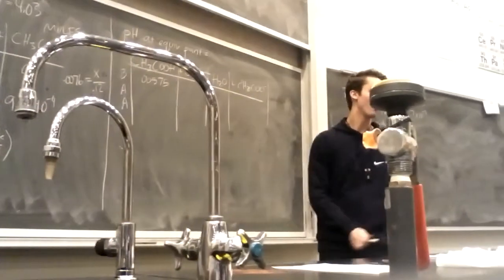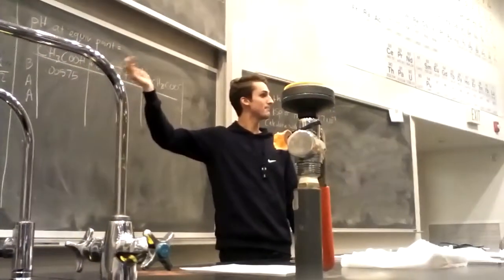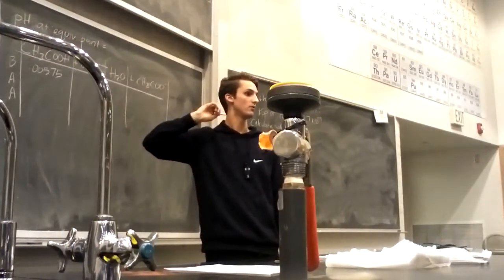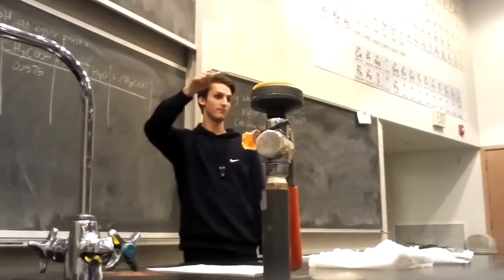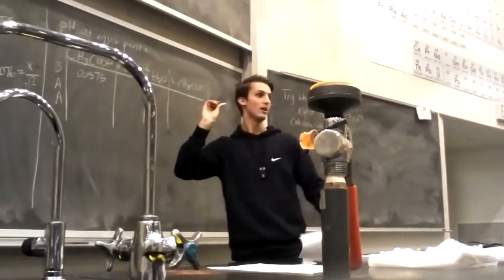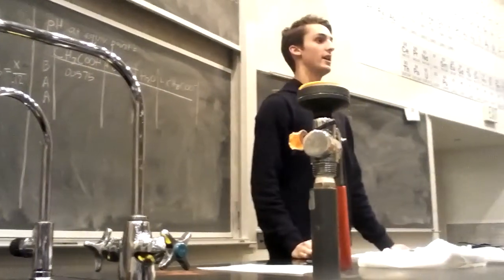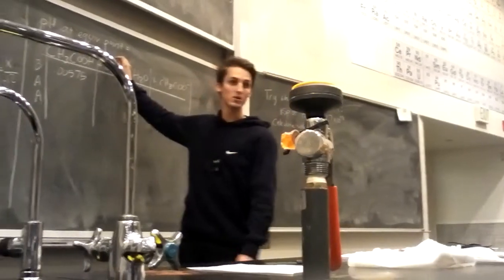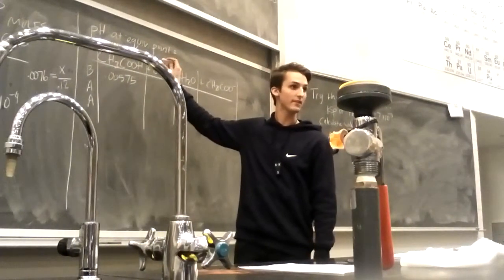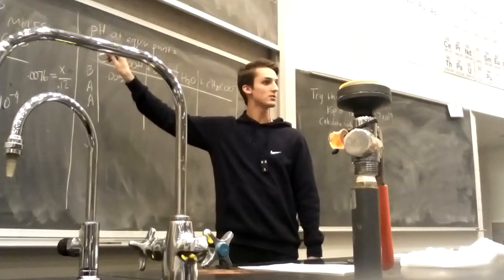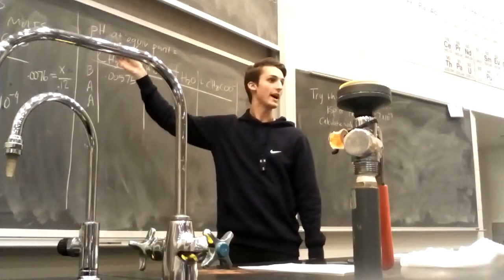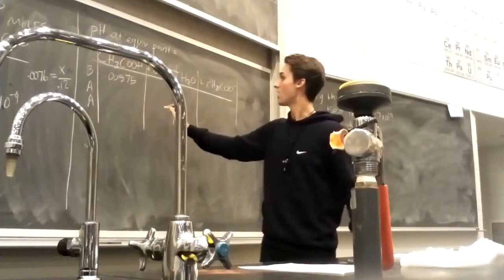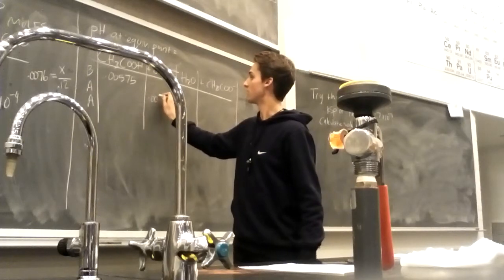Okay? Now, at the equivalence point, how many moles of KOH did I add? The same. Exactly. The definition of an equivalence point is when the moles of titrant that's added equals the moles of analyte that's there.